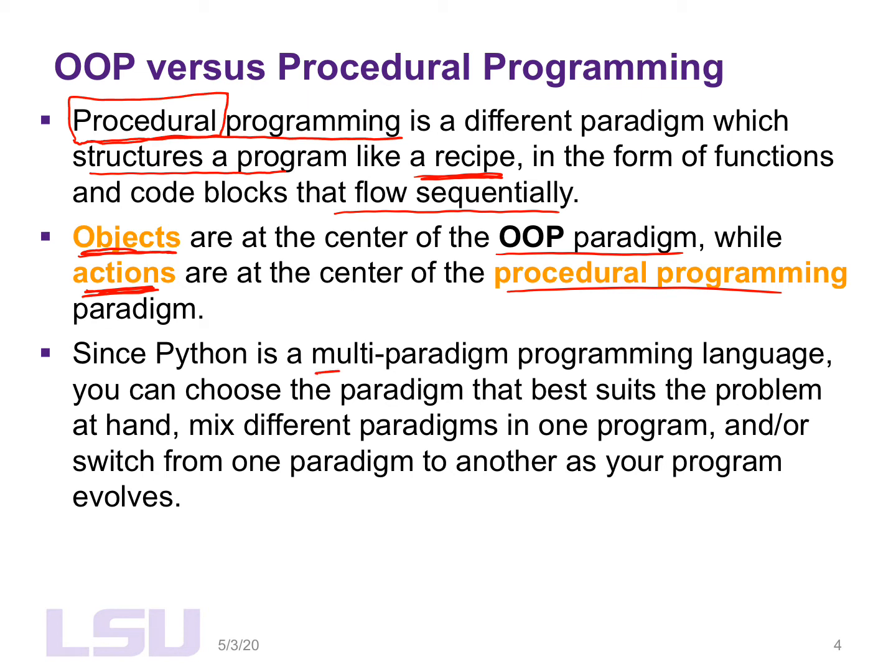So it's a multi-paradigm programming language, and that gives you the flexibility to choose the programming paradigm that suits the problem you're working on. It also allows you to mix the different paradigms in one program and switch from one paradigm to another as your program evolves. So as you begin to add more lines of code, you can switch from one programming paradigm to another, and you can just do both in one code.